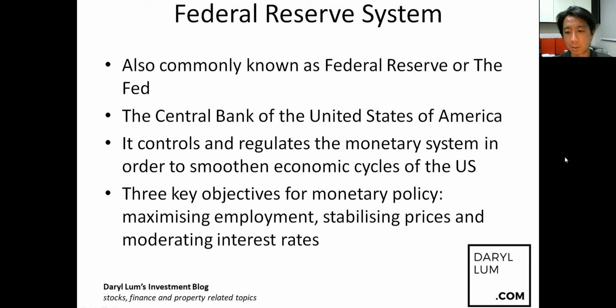Then it also has to stabilize prices, so it helps to smoothen out and control inflation, keep inflation in check, and it also moderates interest rates. This is one of the things that a lot of people are interested in when it comes to investing or purchasing property: interest rates.